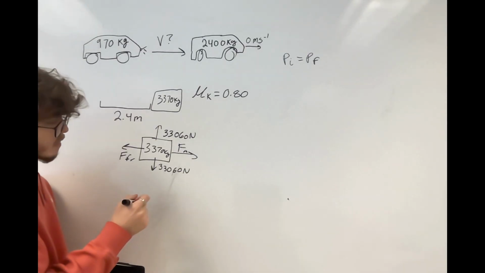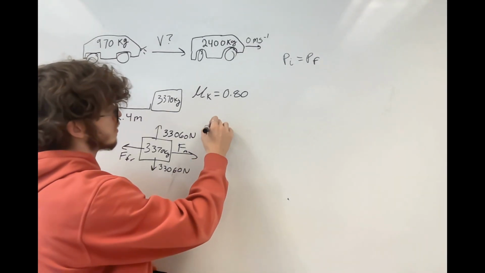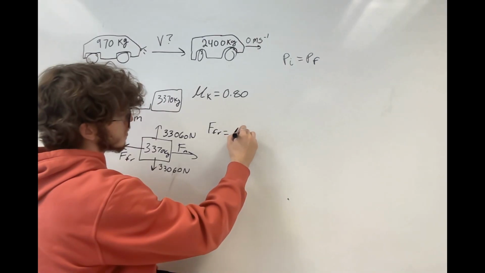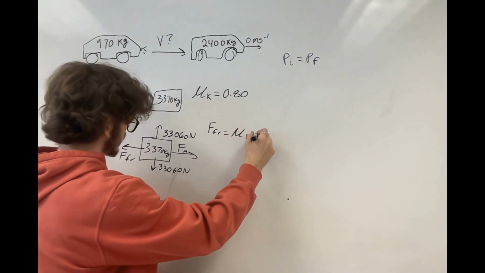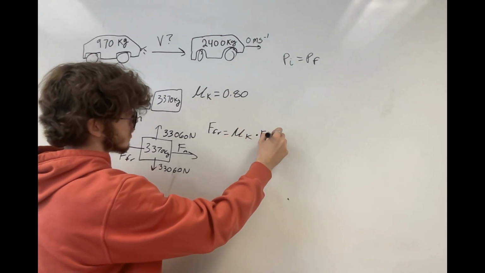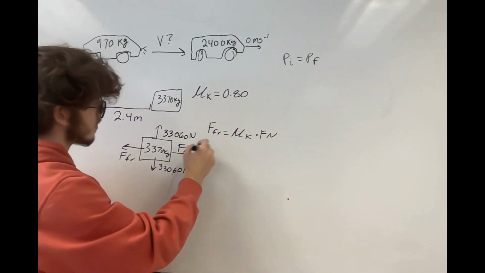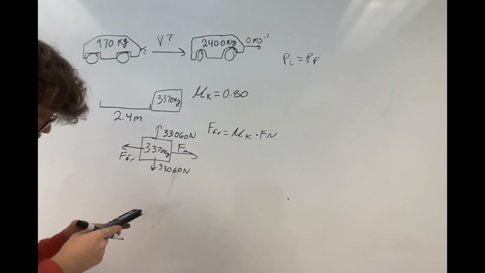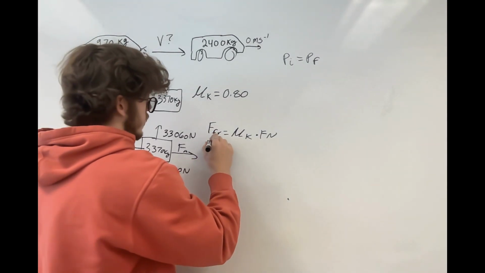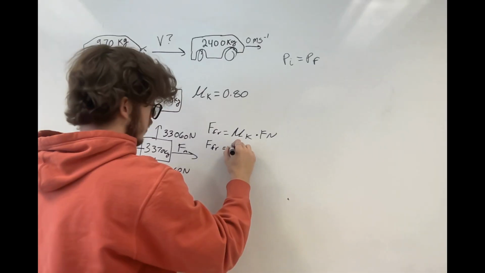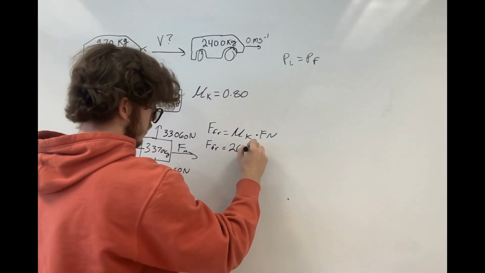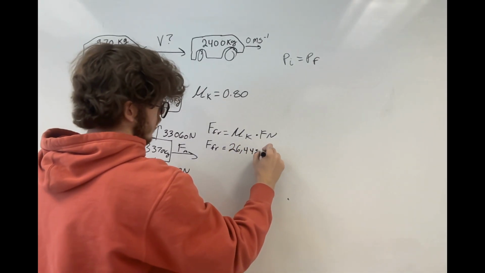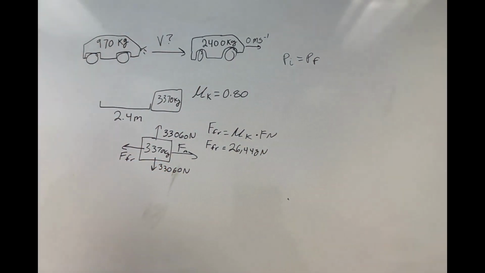The force of friction is going to equal our friction coefficient times the normal force. So we take 0.80 times our normal force, and we get that the force of friction equals 26,448 newtons. Pretty simple.